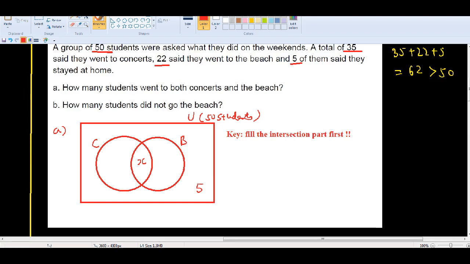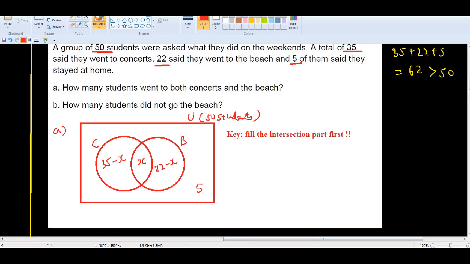So that means there are 35 take away X students who only went to concert but not the beach. And also there were 22 minus X students who only went to beach but not concert.